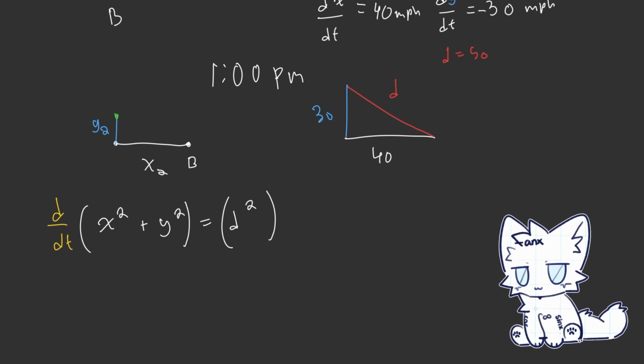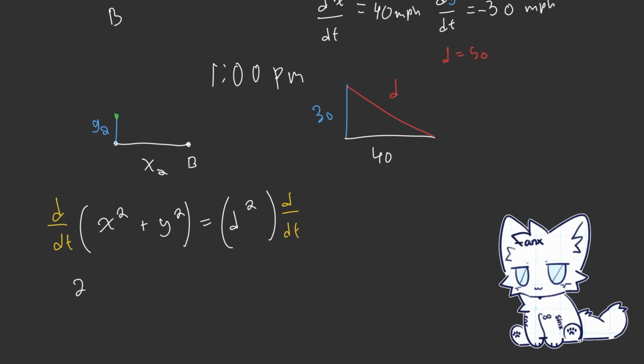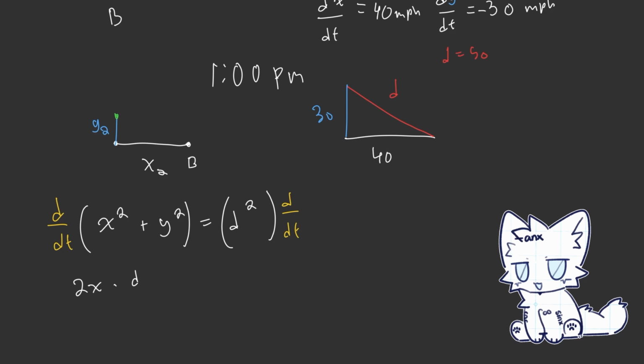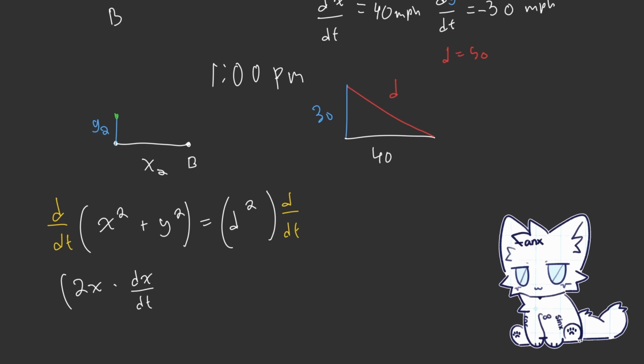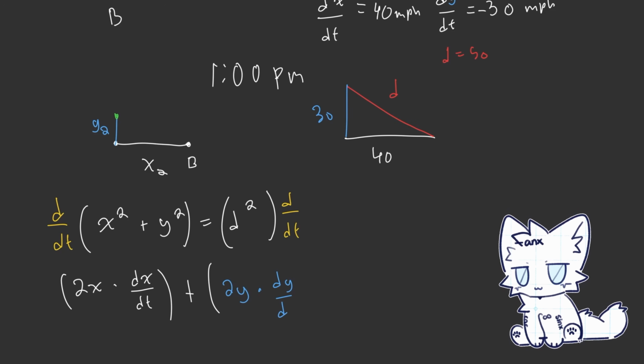d dt times d. So that would be 2x times dx dt plus 2y times dy dt, and it is equal to 2d dd dt.